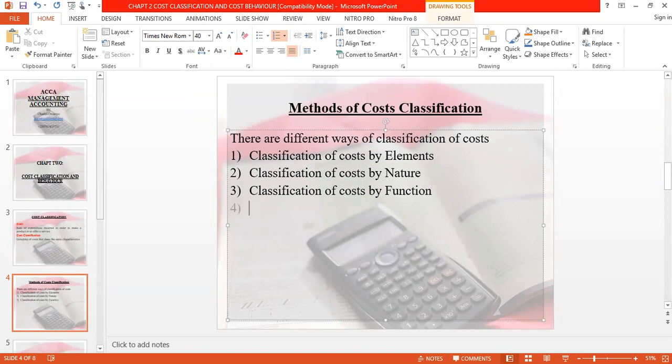Number four, we will concentrate on classification of costs by behavior of the cost. Next, we look at classification of costs by decision.